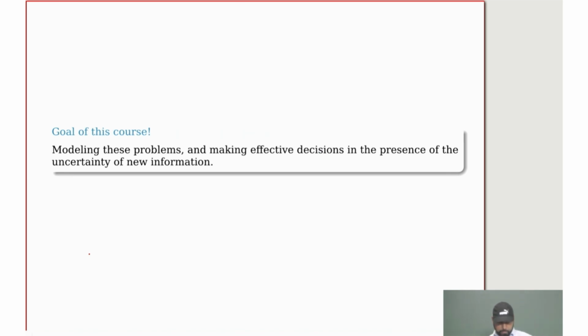So the goal of the course is to model sequential decision making problems and make effective decisions in the presence of uncertainty as well. Because if there is no uncertainty, then you may hard code it. If things are very deterministic and feasible, then you can code this in a tabular way.